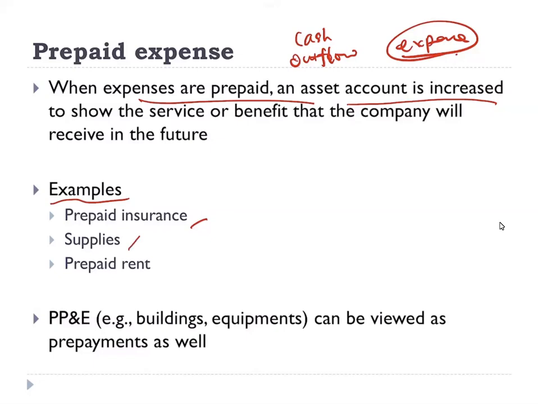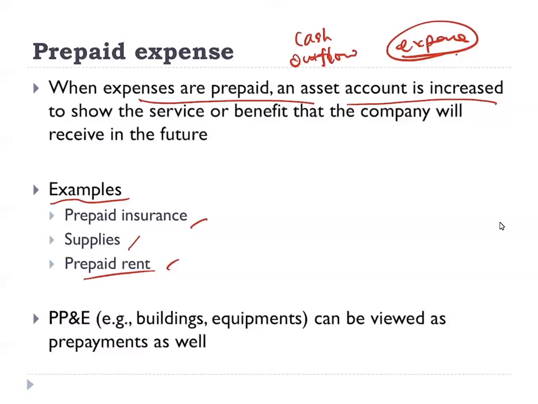Supplies: the firm paid out cash and bought those supplies, but hasn't really used them yet. Prepaid rent: the firm may pay out 1 year of rent expense upfront, while the firm is using that building throughout the year.